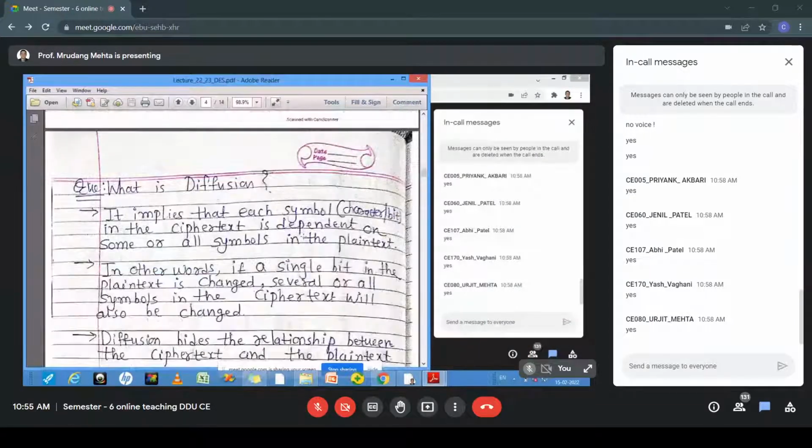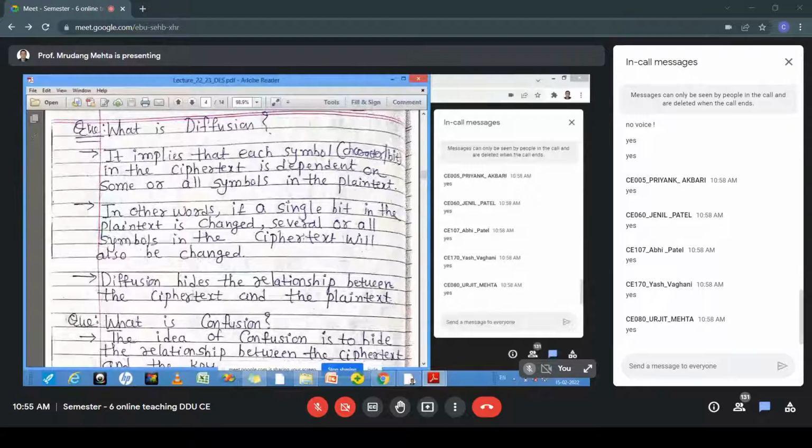Let us understand this terminology. What is diffusion first? Diffusion implies that each symbol in the ciphertext is dependent on some or all symbols in the plain text. So there is a dependency. Symbol means character or bit.